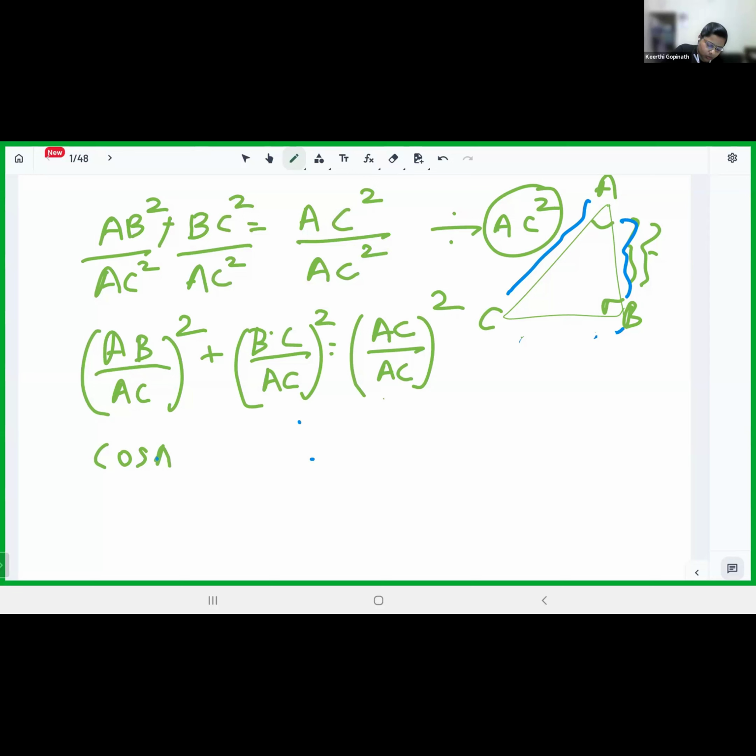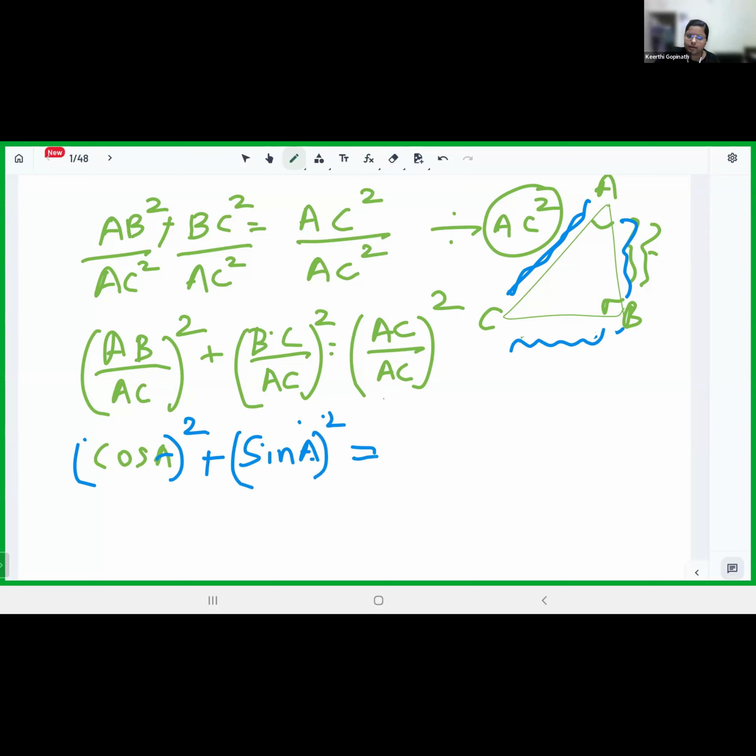Cos A the whole square plus, what is BC by AC? BC by AC is the side opposite to angle A, divided by its hypotenuse AC. So this will be sin A the whole square, that is equal to, what is AC by AC?